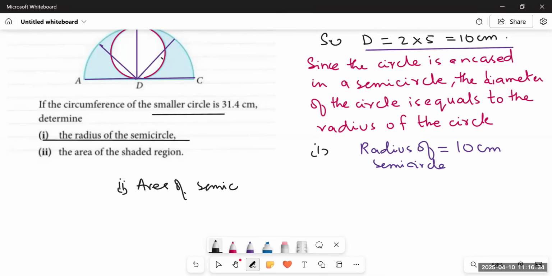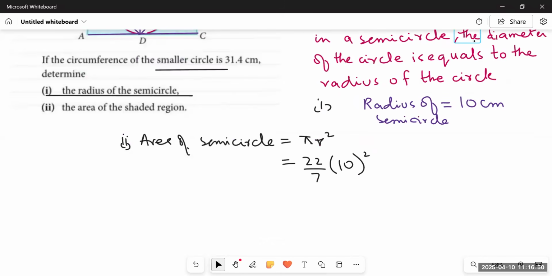Which will be, since we have already found the radius of the semicircle, pi r square, which is 22 upon 7, taking the radius as 10.